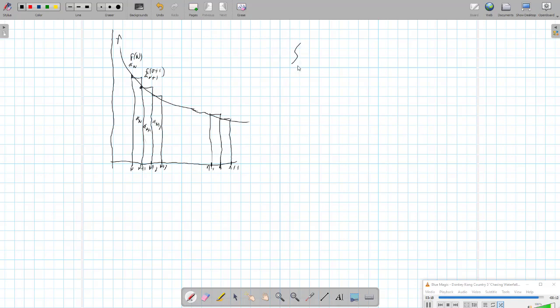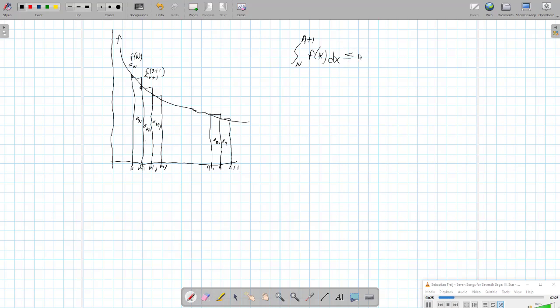So if we look at the integral from capital N to little n plus 1, this would be a sub n, little n minus 1 and a sub n. The integral from capital N up to little n plus 1 of f of x dx has to be less than or equal to the sum of all those rectangles' area.